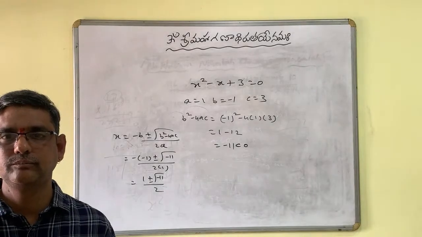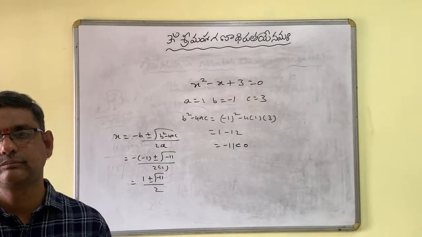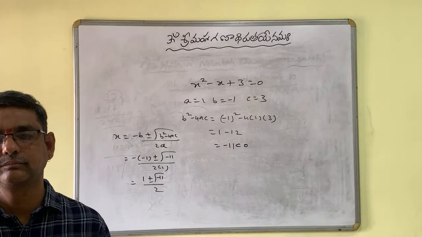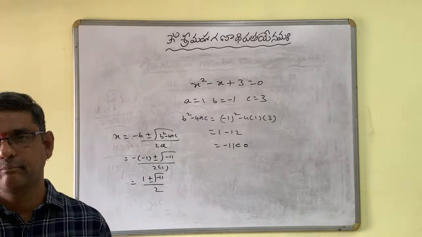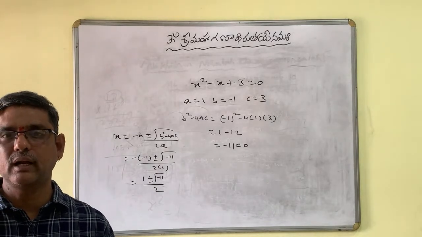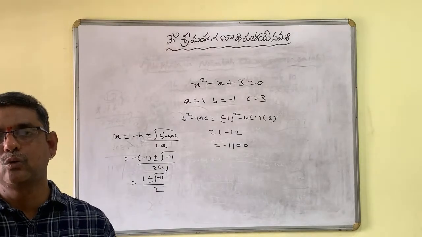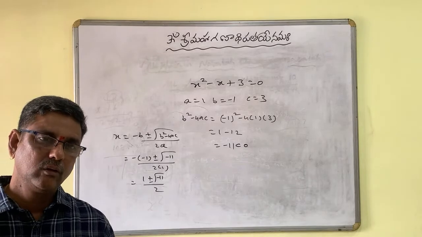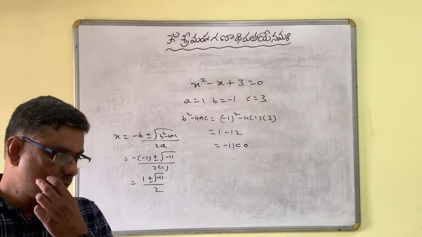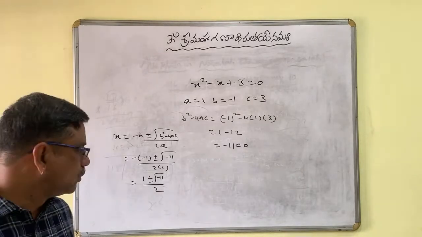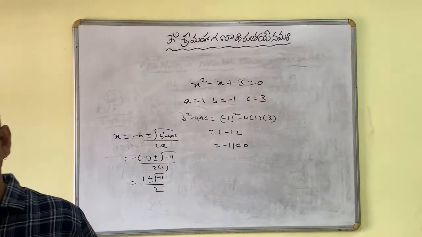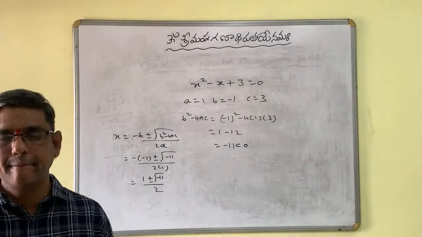That's all. Understand children? Generally b square minus 4ac less than 0 అయితే roots find out చేయమనరు. Suppose if he is asking to find out the roots, just you need to do up to here. That's all. Okay na?